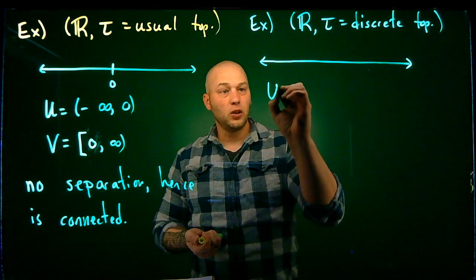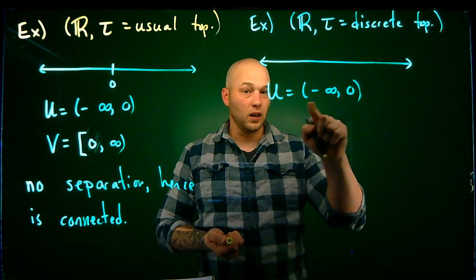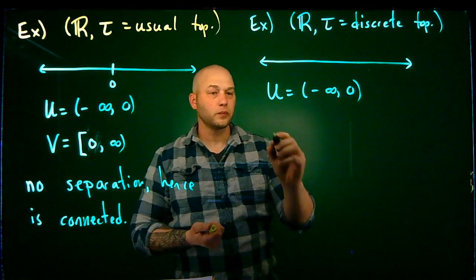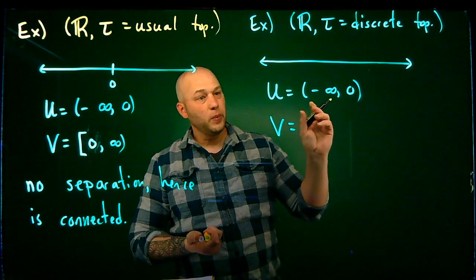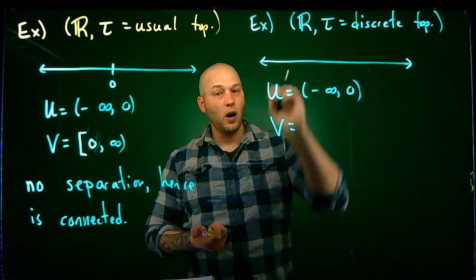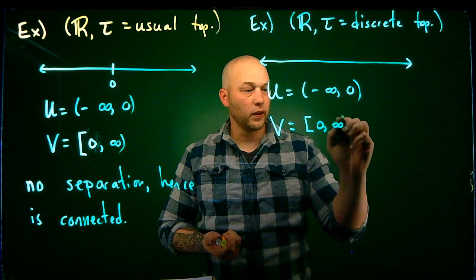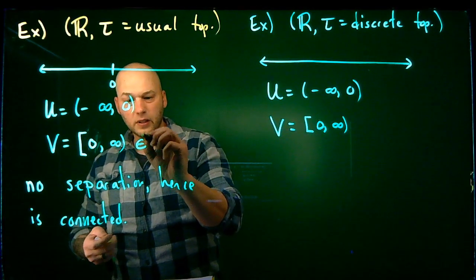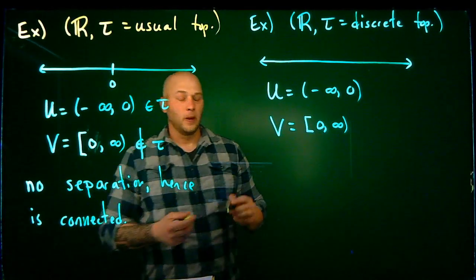So let's say U consists of minus infinity to 0. This interval is a subset of the real line, therefore is open. And V, well, again, it has to be disjoint from U, and the union has to be all of R. Well, let's go 0 to infinity. Now remember, in the usual topology this was not an open set, whereas this one, of course, was.